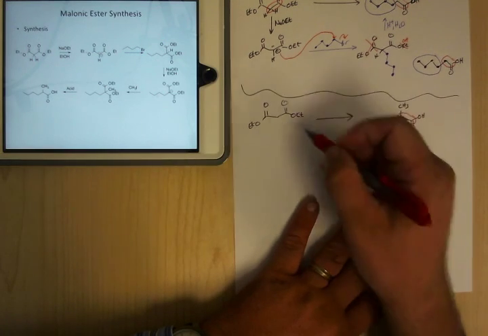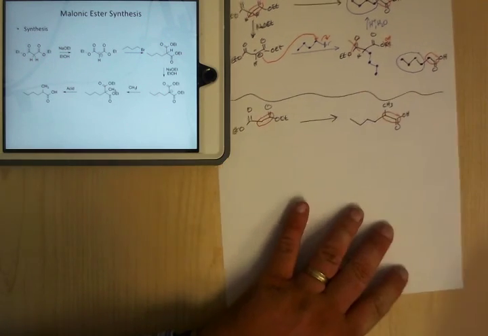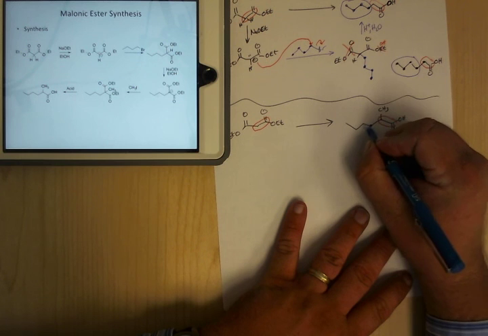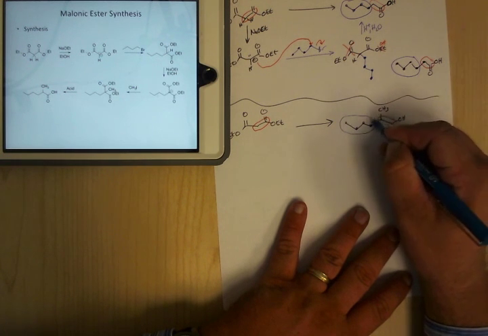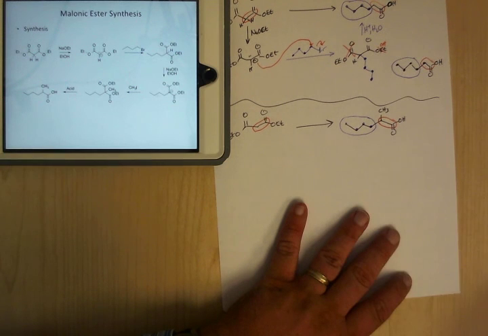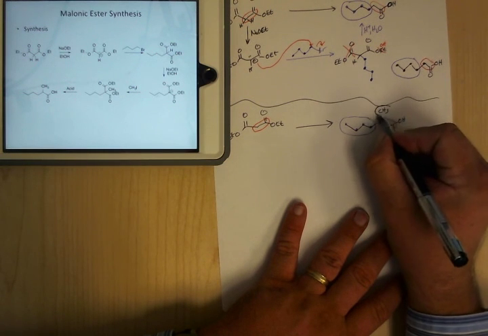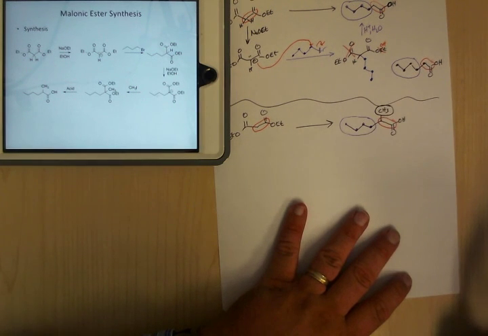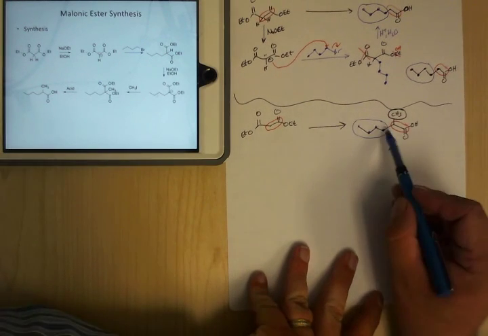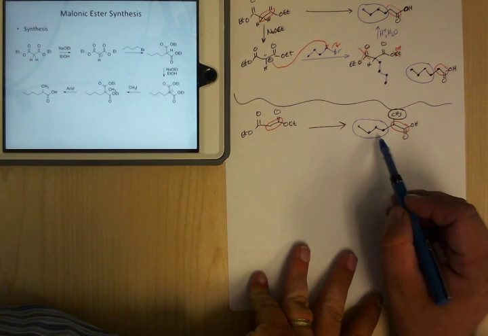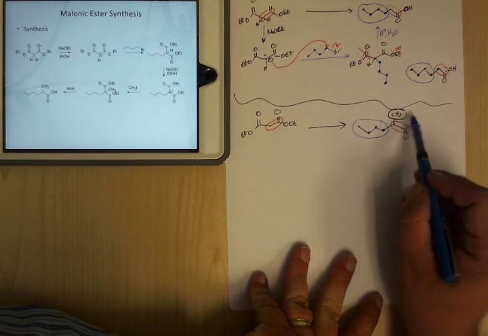That's going to be from here. But you're going to have a 4 carbon piece there. And the other thing is, we're also going to need a 1 carbon piece. So we're going to have to put on this 4 carbon piece, and then we're going to put on this 1 carbon piece here.